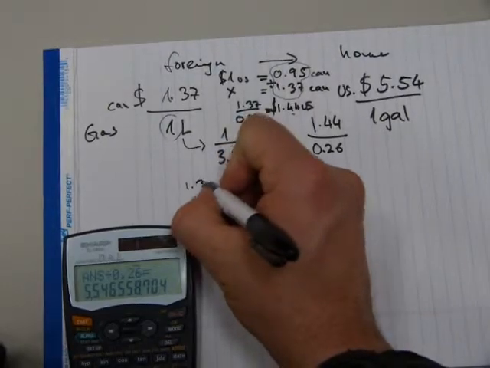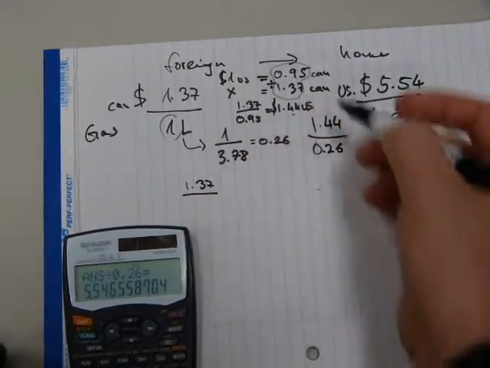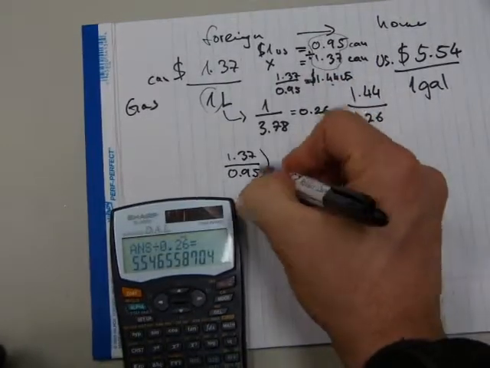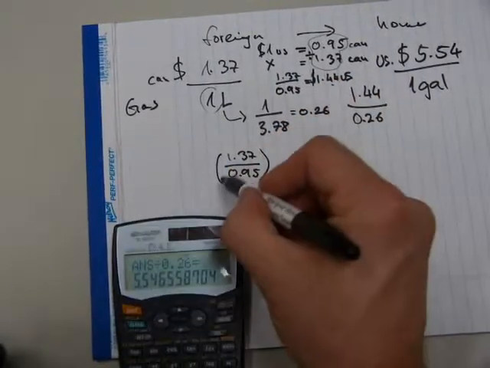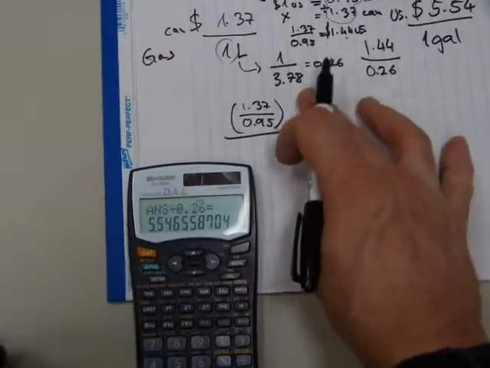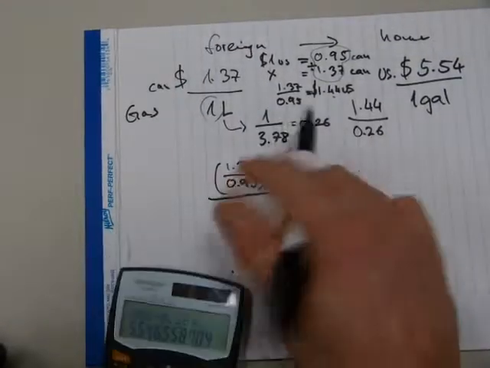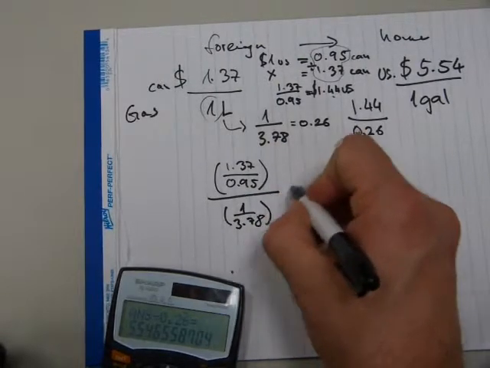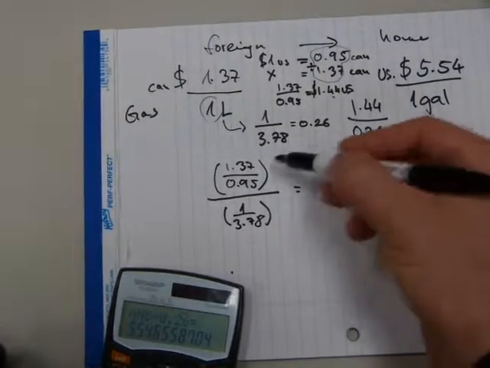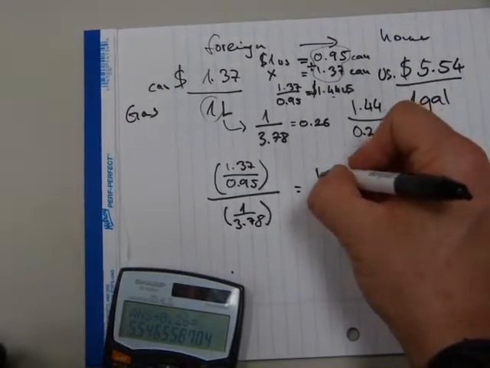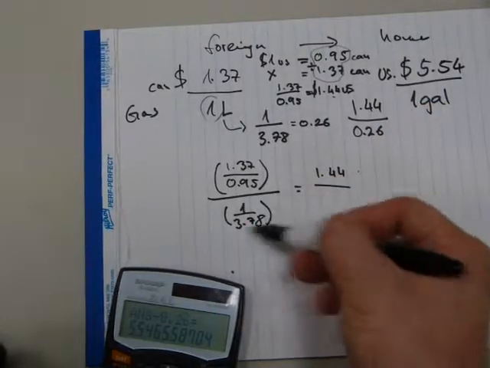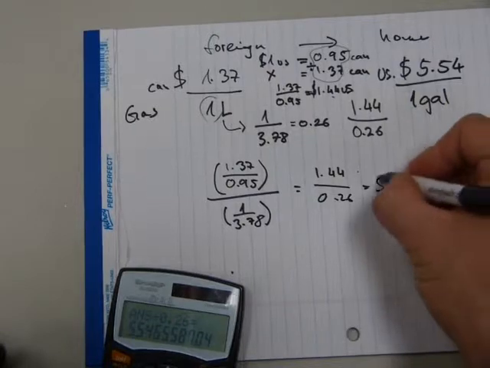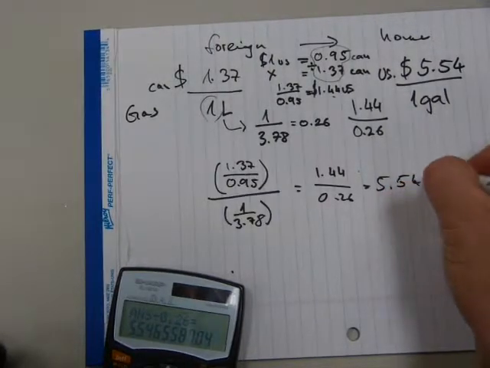Well, the 1.37 was divided by 0.95 and we made a subtotal out of it, which was further divided by that fraction there, 1 over 3.78, and we had a subtotal out of that. The subtotal of this was 1.44 and the subtotal of this was 0.26, and that's how we got $5.54 US.